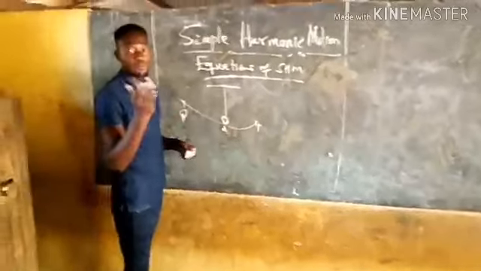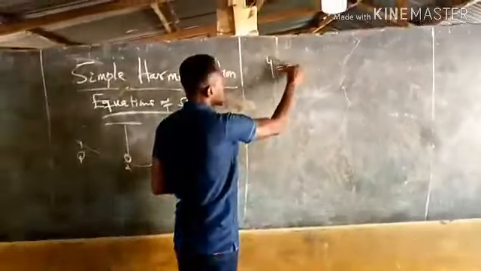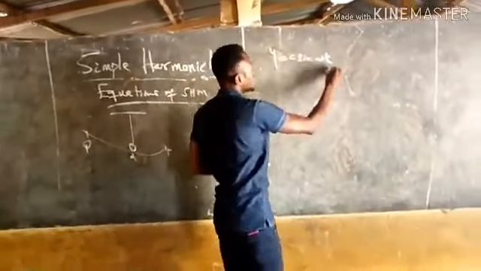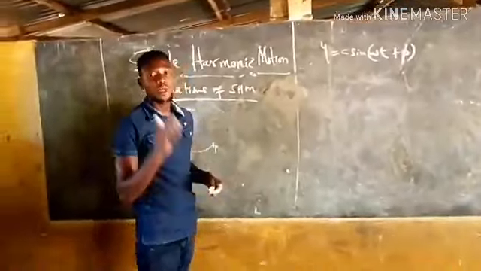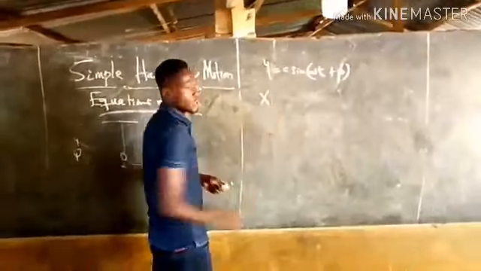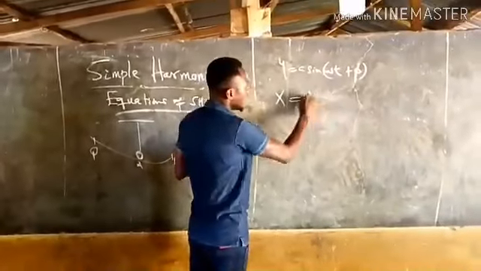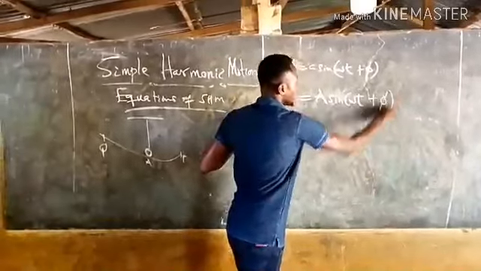And from a wave motion, the general expression is given as y equals A sine (omega t plus phi). So the displacement of a body undergoing simple harmonic motion is given by x, where x equals A sine (omega t plus phi).